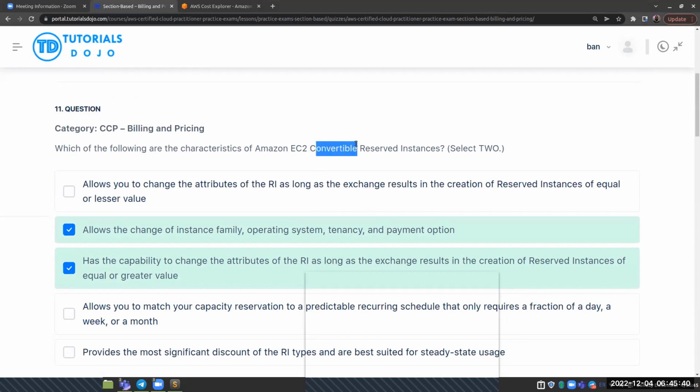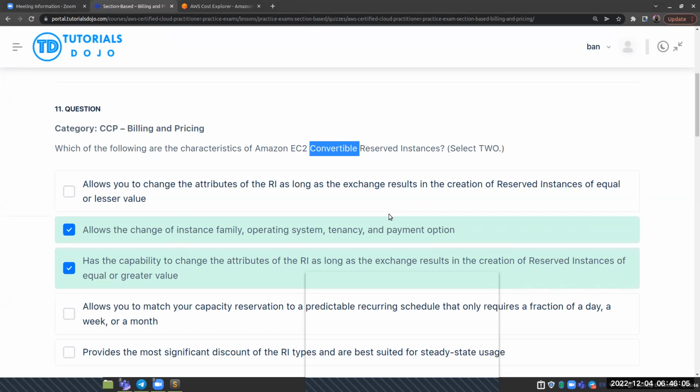This word convertible means, because when you create an instance, you always have to pick the instance family. You always have to decide which operating system you use. You always want to decide the tenancy option. You always want to choose the payment option, right? But with convertible reserved instances, it gives you the possibility to change that when you are already using the instance. So that's where the word convertible comes from.